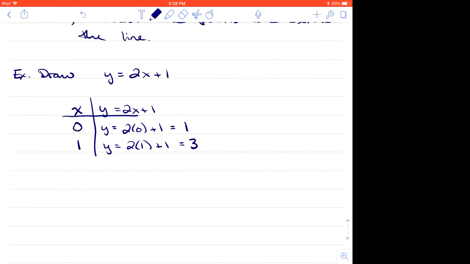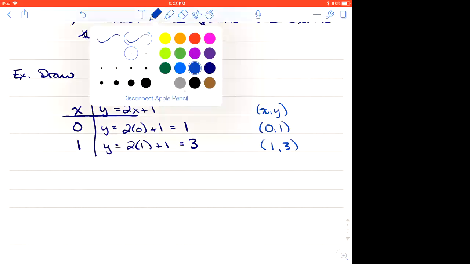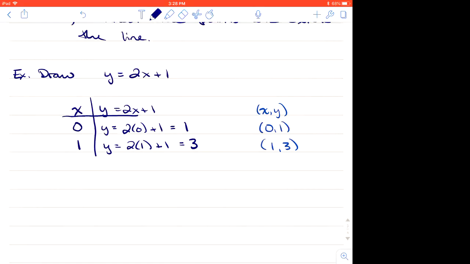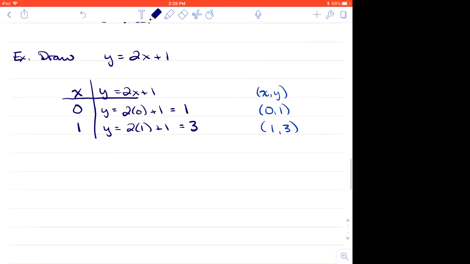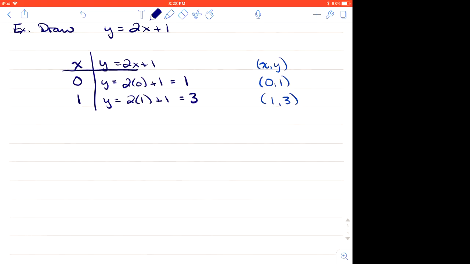Okay. So now our ordered pairs, x, y, look like this: 0, 1 and 1, 3. Now we have 2 points on the graph. I don't want you to worry about setting up your axes too much.